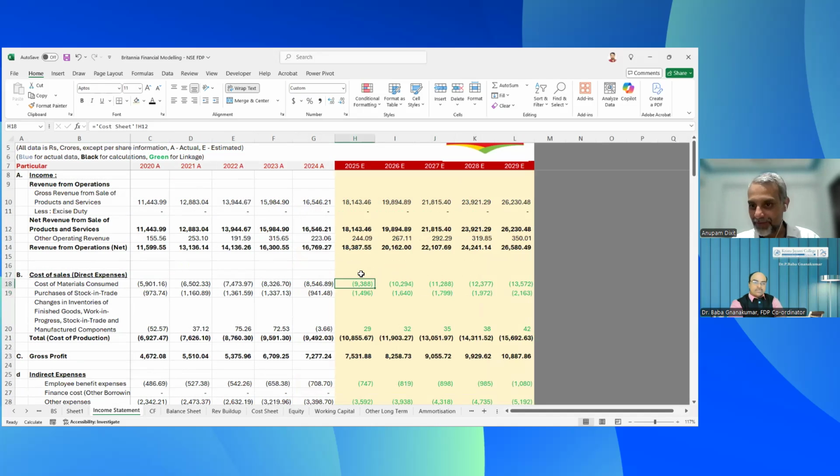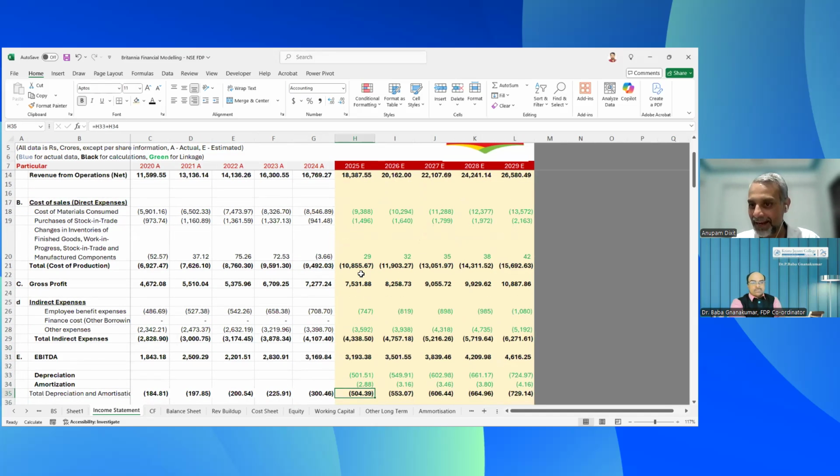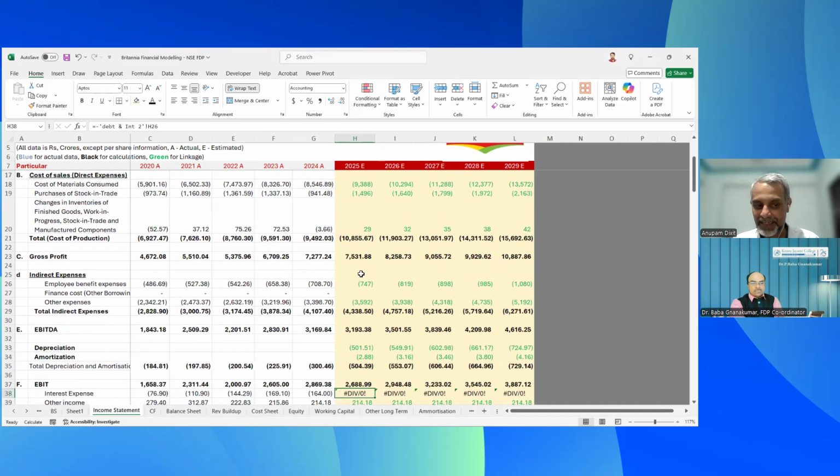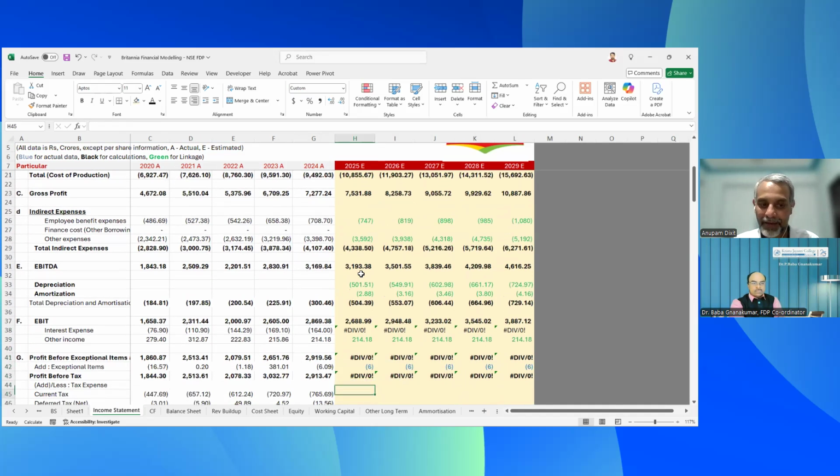So now that we have done this, we have created our income statement up till EBITDA level, right? We have got these costs, we have got the sales. Therefore, we can now calculate the earnings before interest, tax, depreciation, and amortization, right? Then we will calculate depreciation, interest, other income, and the various other values, right?